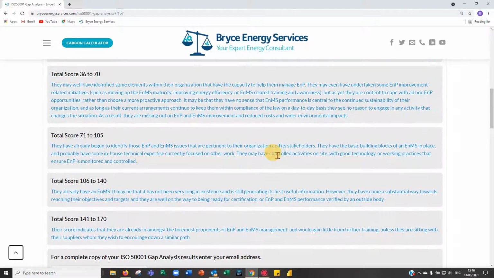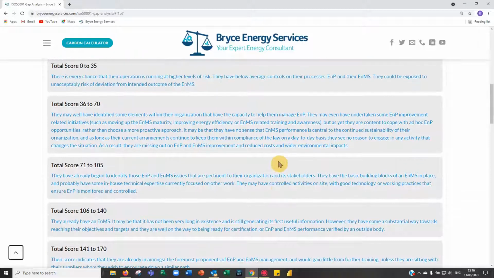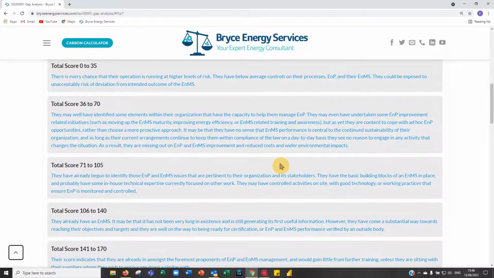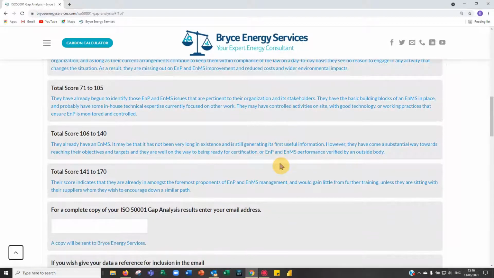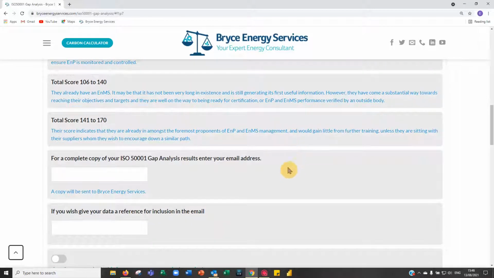So, 4 out of 5, 80%. I think the idea is just to give you a feel for how close you are to achieving the best practice from ISO 50001. So I won't linger too long on that.